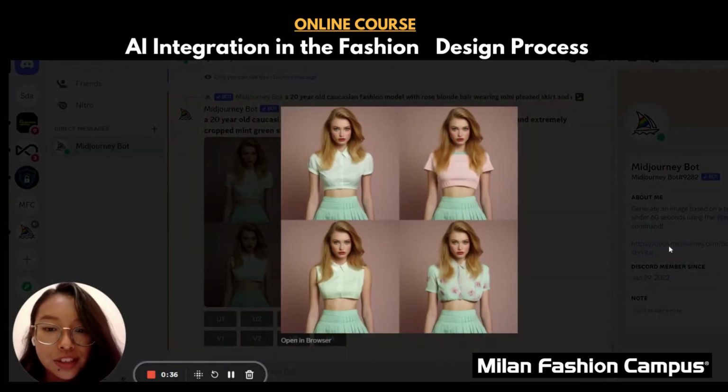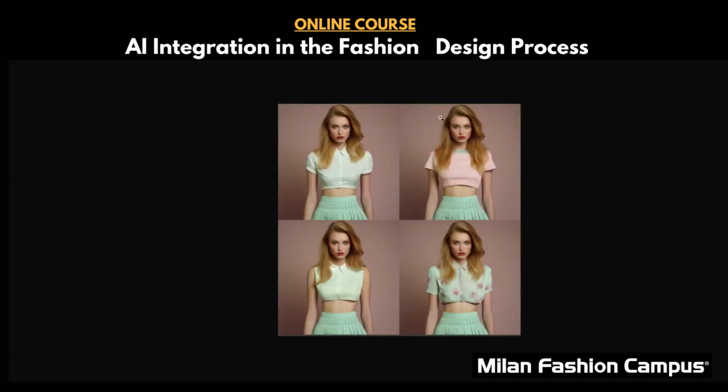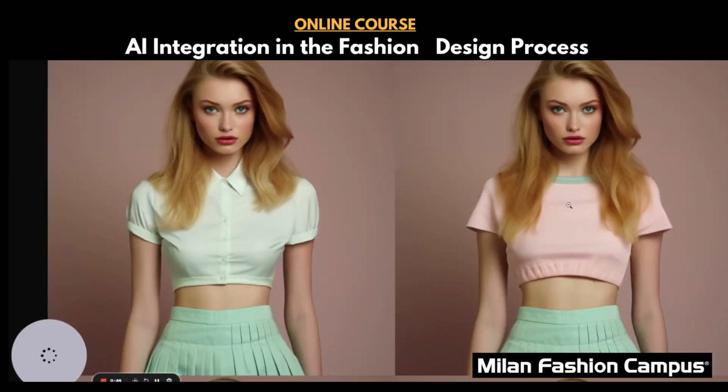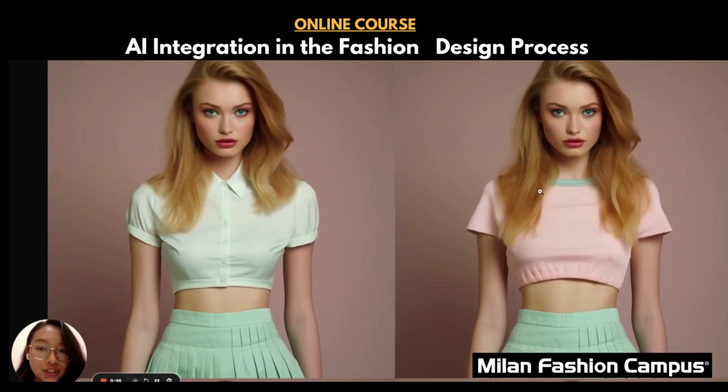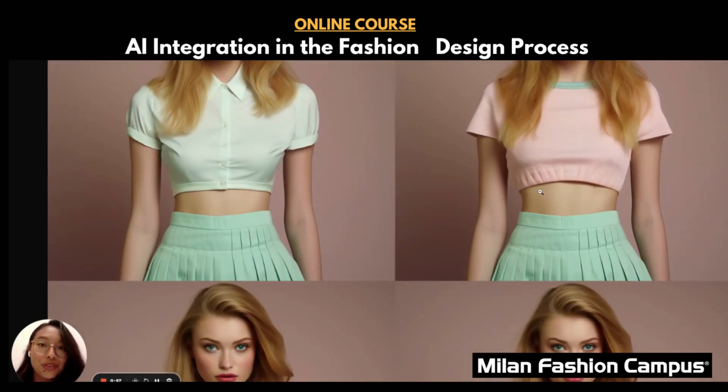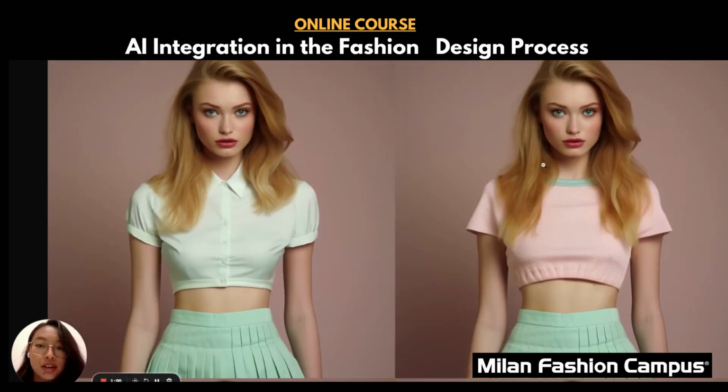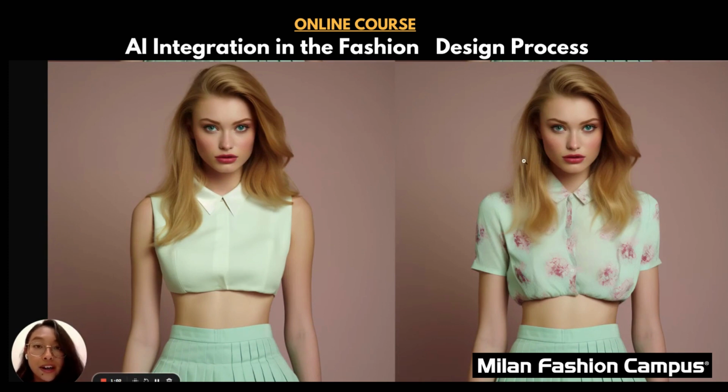Since we've selected the top, here we can see that, oh my, all the tops are changed. They are completely different. Let's see it in the browser. Zoom in. Very nice. So this is very nice to have more variations and more choice, depending on what you need.